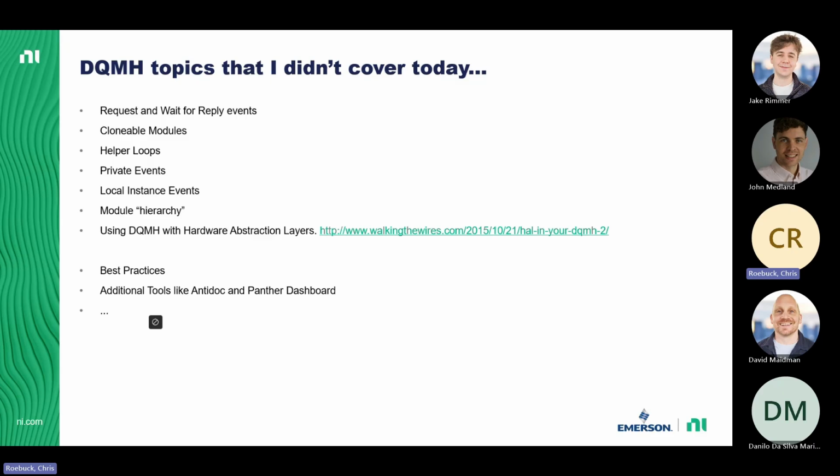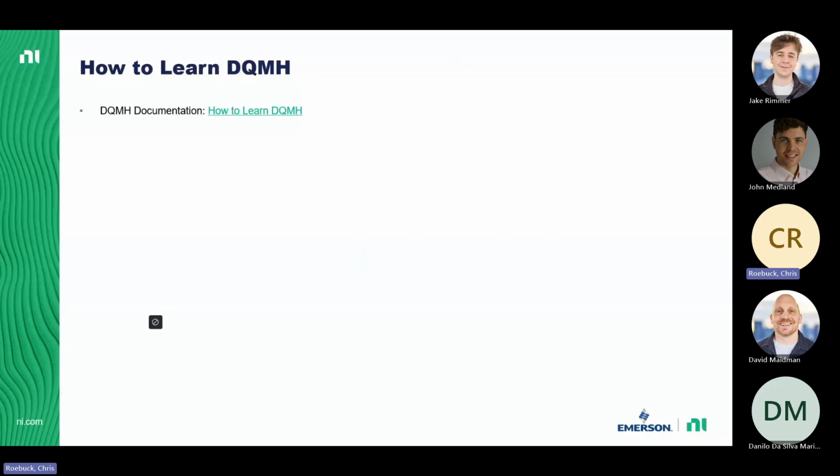So where do you find out about those things? Well, if you're interested in DQMH for hardware abstraction, there's a blog post there. I was just looking at it actually. I wrote it 15 years ago. So there's a really interesting blog post on using hardware abstraction layers inside your DQMH. There's the DQMH documentation.